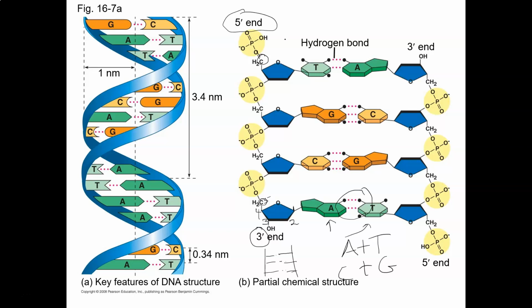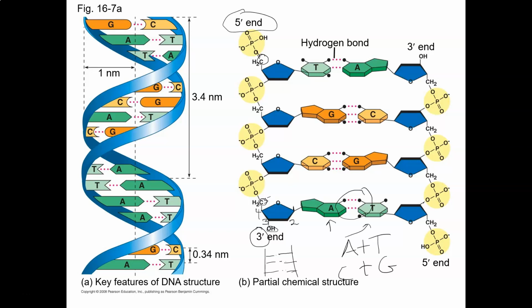So we call that the 5' end. So if you have a strand of nucleotides, there's going to be a 3' end, and there's going to be a 5' end. Again, the 3' end has a free hydroxyl group on the number 3 carbon of the sugar. The 5' end has the phosphate group on the number 5 carbon.